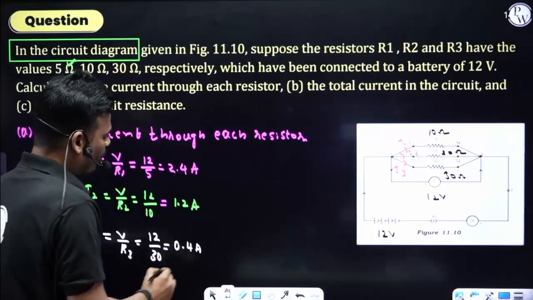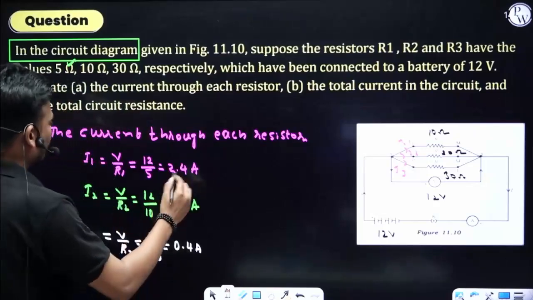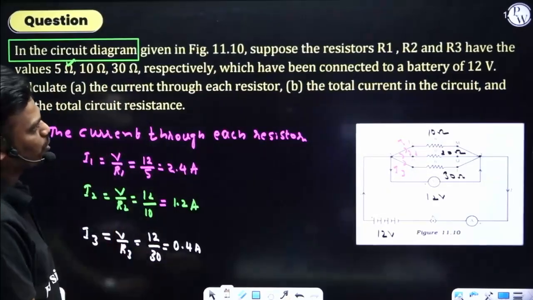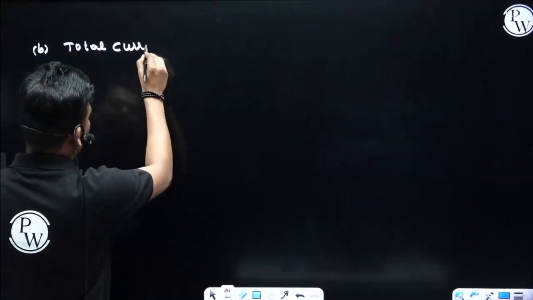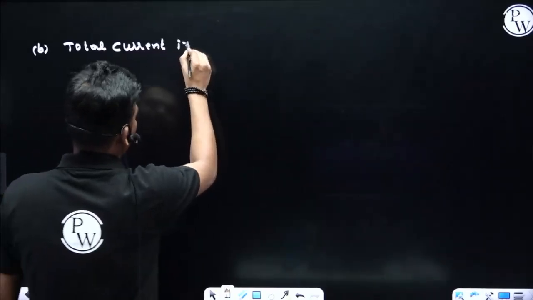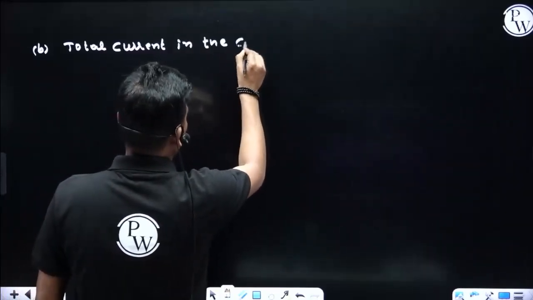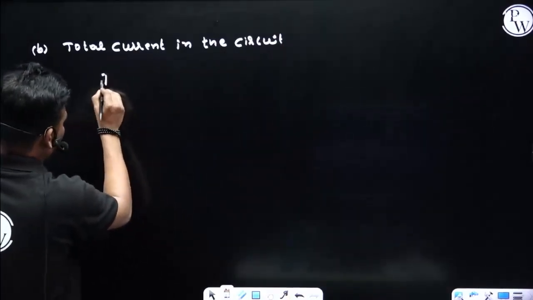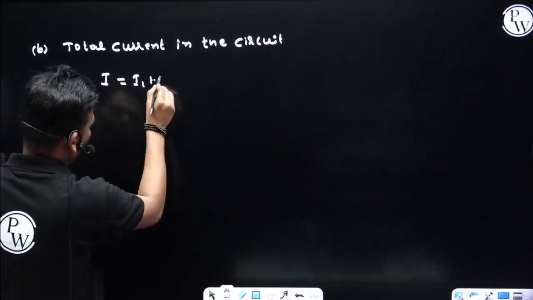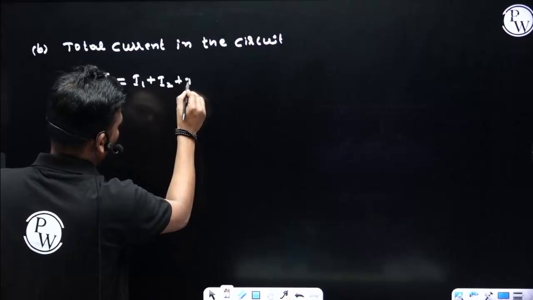This is what they have asked. The second point is the total current in the circuit. What you have to do? I equals I1 plus I2 plus I3.